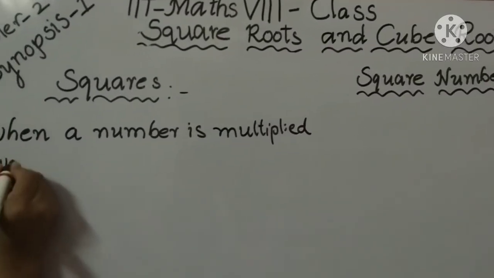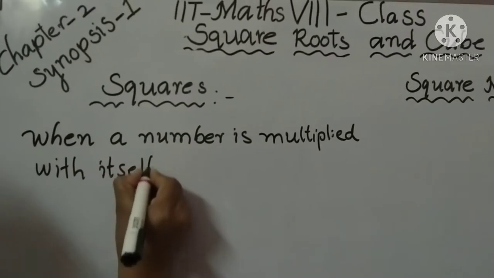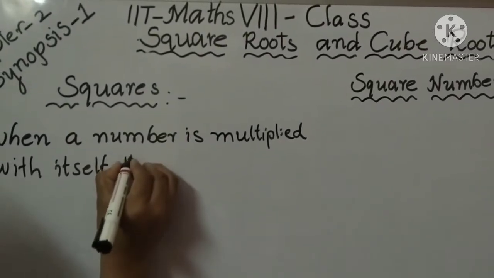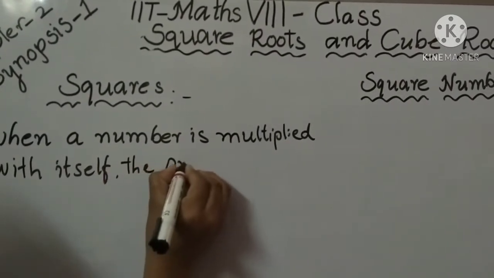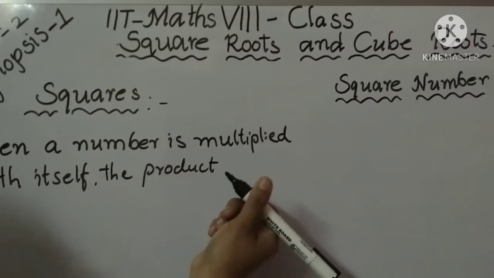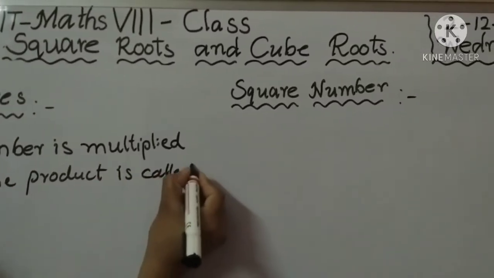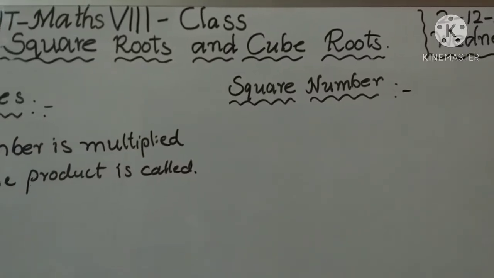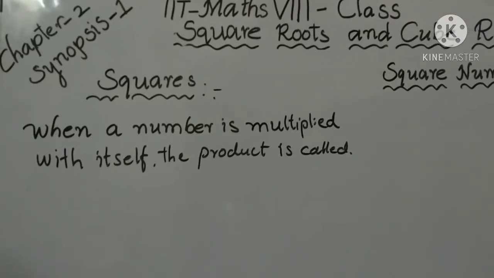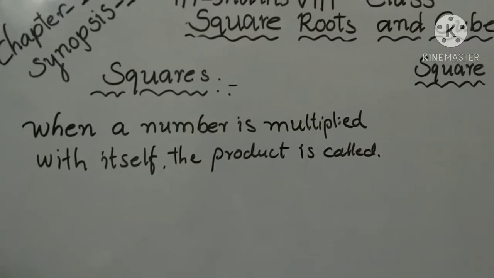When a number is multiplied with itself, the product is called a square. Did you understand, children?